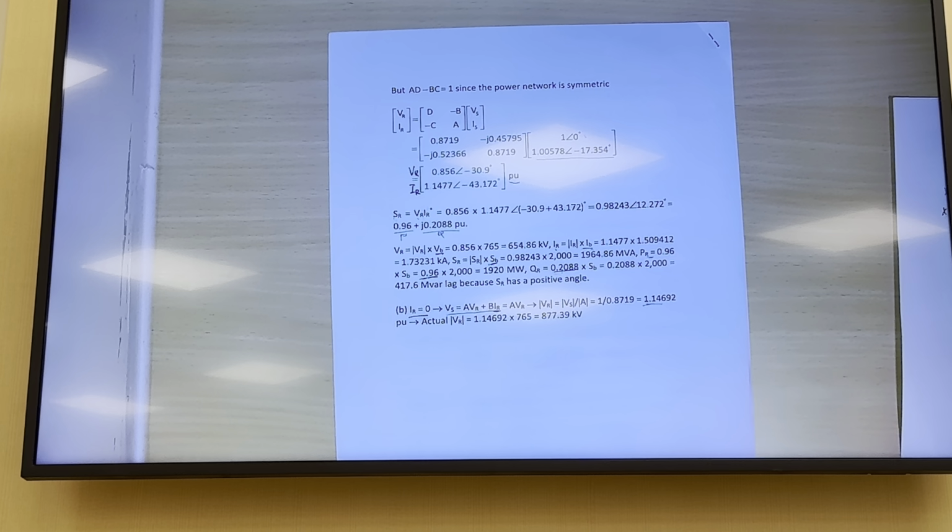V times VB, I times IB, S times SB. Everything you can convert into real values. And of course, you can also calculate the power factor because you already know the P and Q and S. You can calculate the power factor and also the power factor angle.